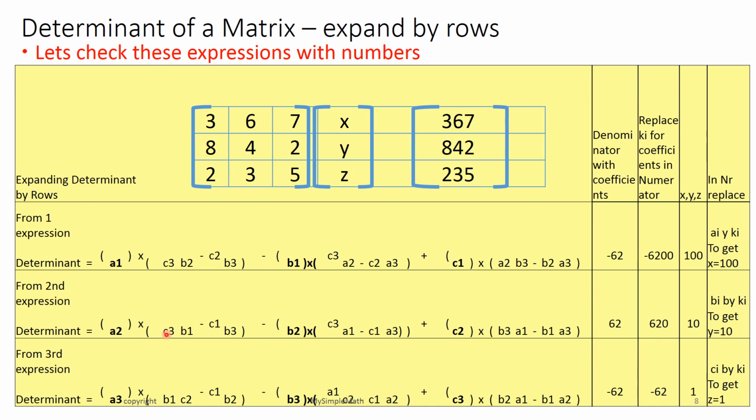This one and this one can be rearranged, and this expression and this expression can be rearranged. So that means that determinant expansion by rows and columns is equivalent. We also put in the numbers and tested, and for both cases we get the right values as expected.